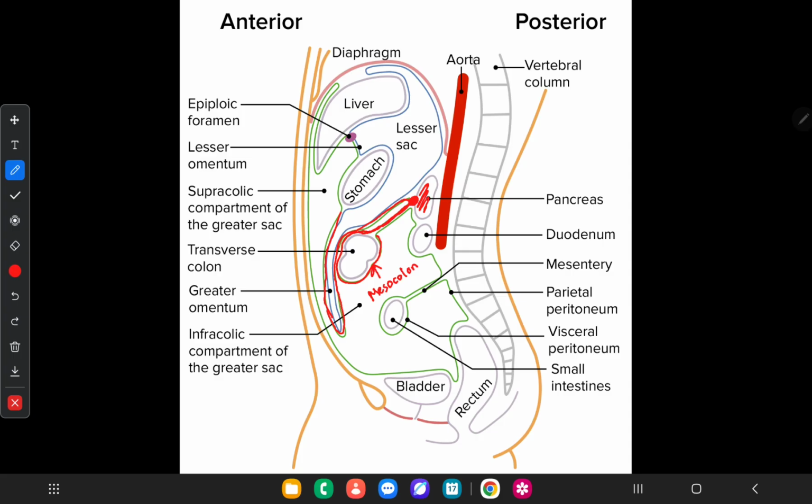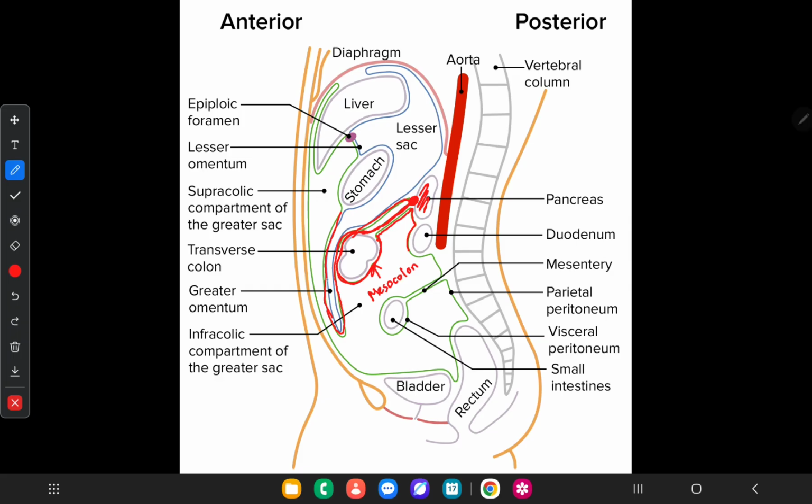Here it comes back and it encloses the transverse colon, and it becomes the mesocolon. When it encloses the transverse colon, we call it mesocolon. Then it again goes back here towards the posterior abdominal wall. Then here again it goes back and like this. Hope you clearly understood about how the attachment goes.